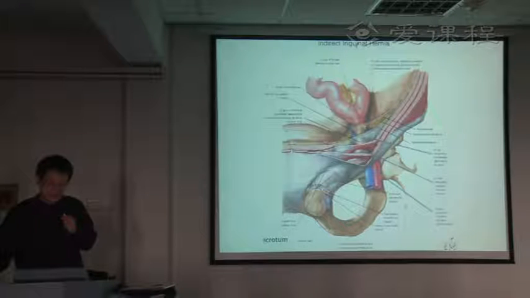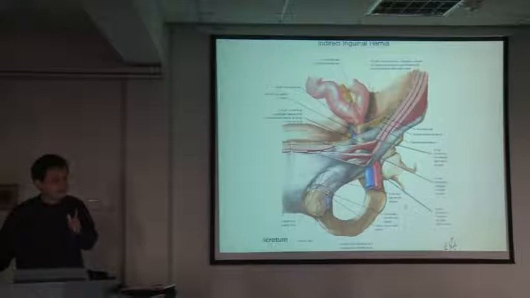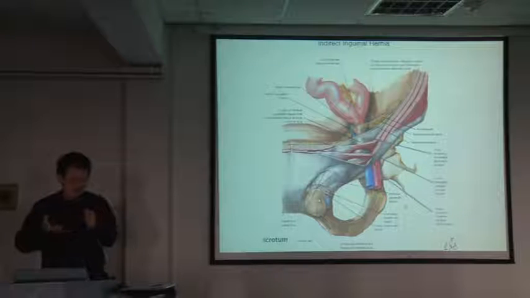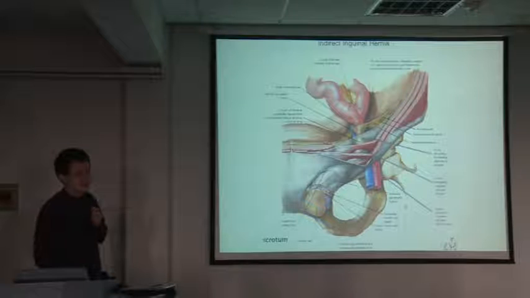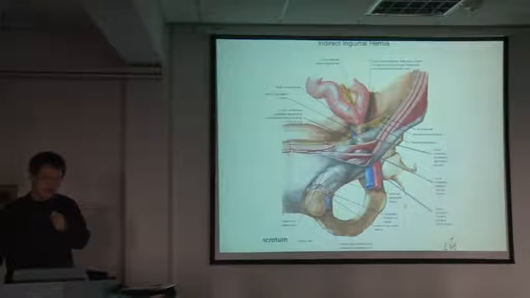Because the content comes out, it's not the content itself. It has peritoneum. The peritoneum also will stretch, also go out. So it has a sac. So this status of hernia actually is reversible.